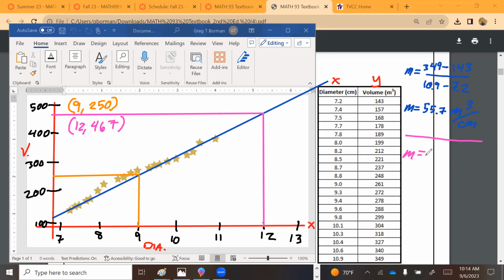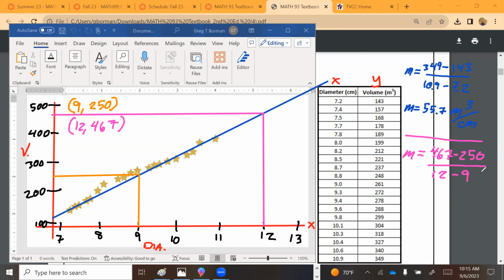So the slope for these two is the difference of their y values, their volumes, divided by the difference of their x values, their diameters. I'll plug that into my calculator, 467, and make it a decimal.